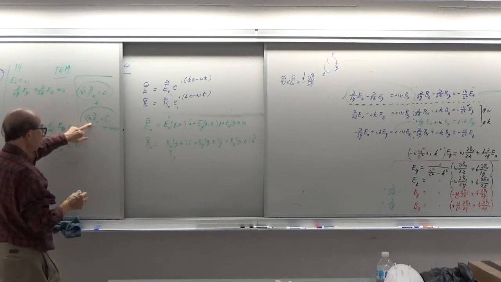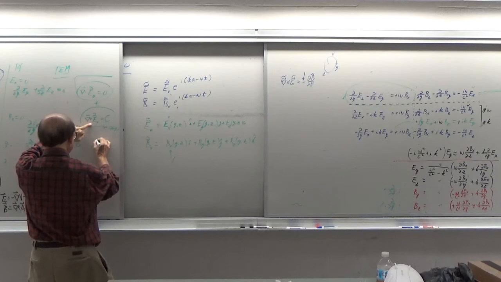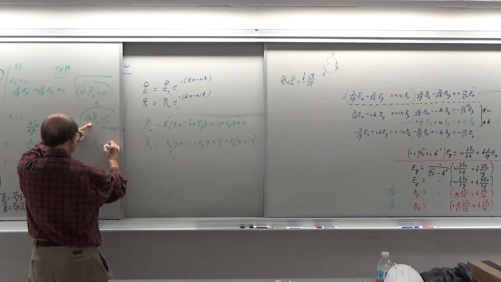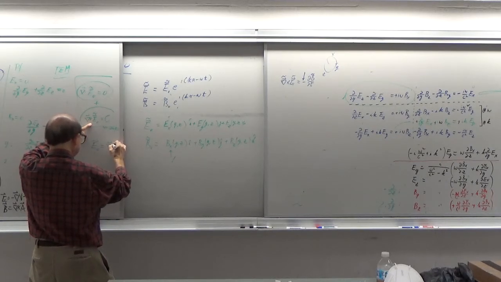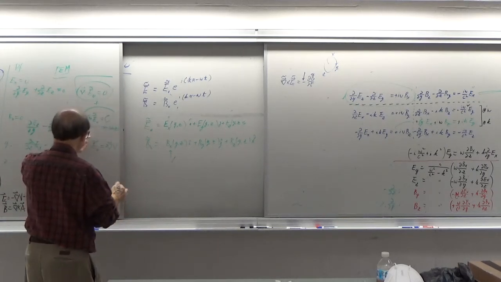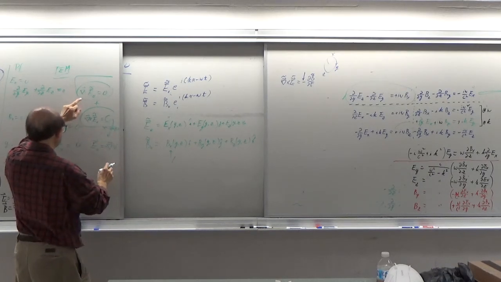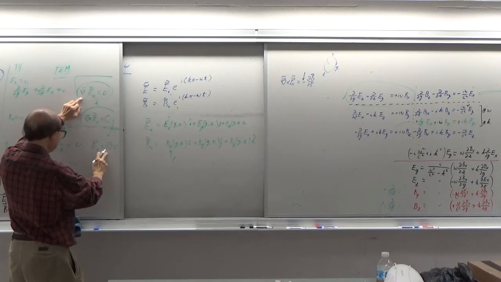Since E naught is curlless, that means that in fact E naught can be written in terms of the gradient of a scalar, just call it minus V. Now we also know that E naught is divergenceless.